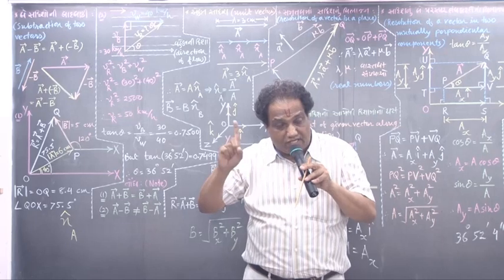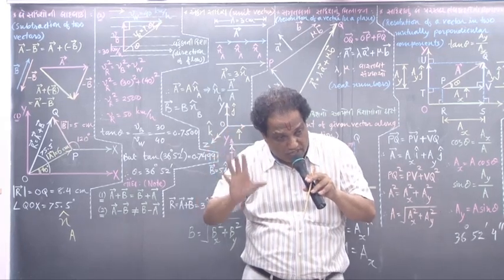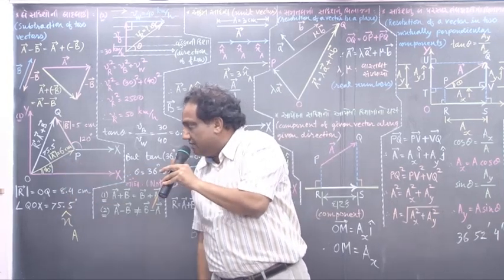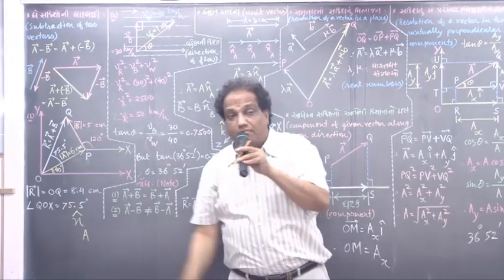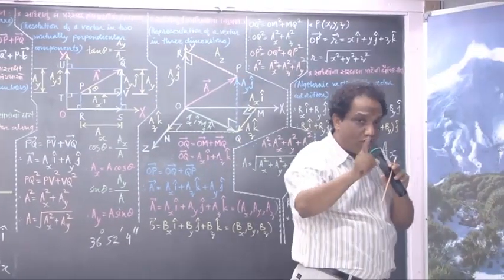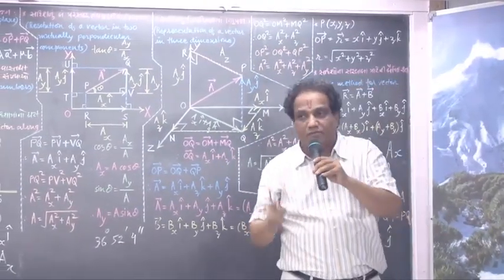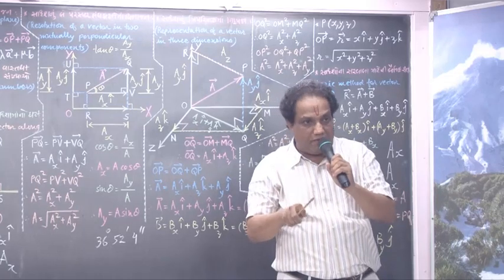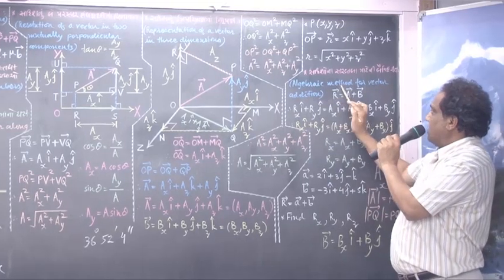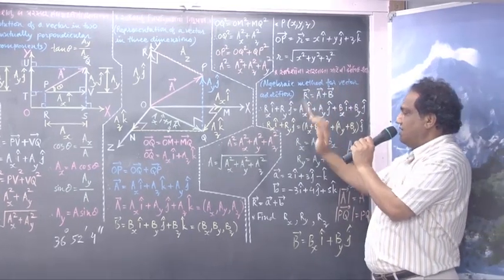Two, it does not have that much accuracy, because if you make a little mistake in the length or in the angle, the resultant vector will be wrong. So better we go for an easy and more accurate method. It is nothing but the algebraic method. Look, algebraic method for vector addition.